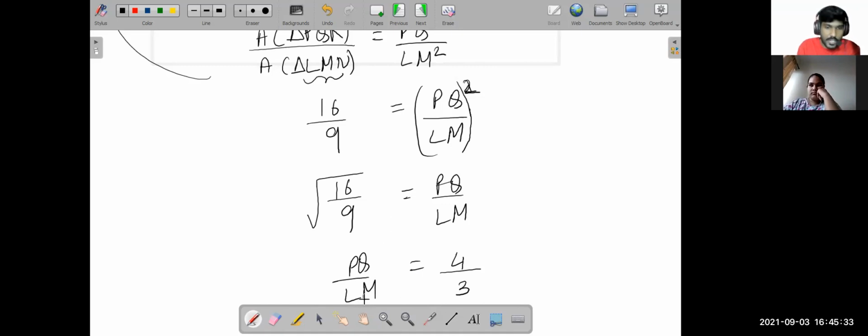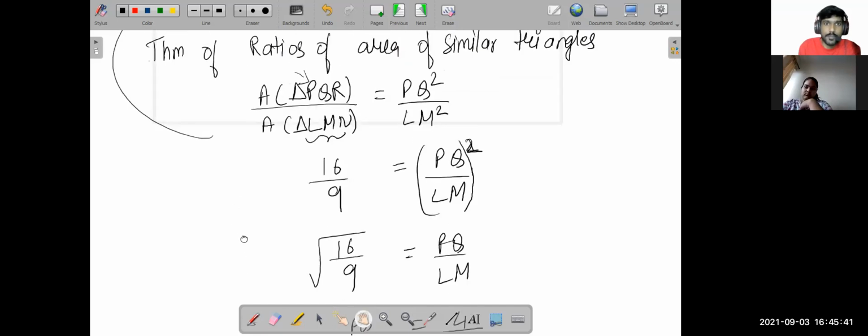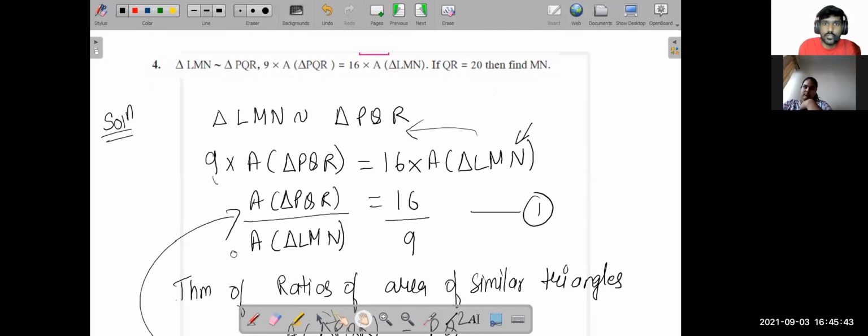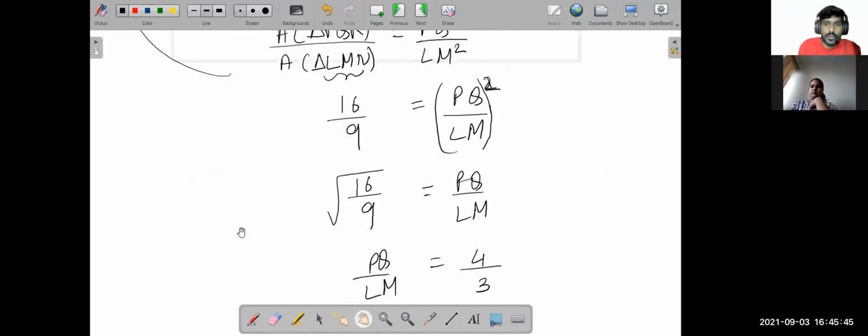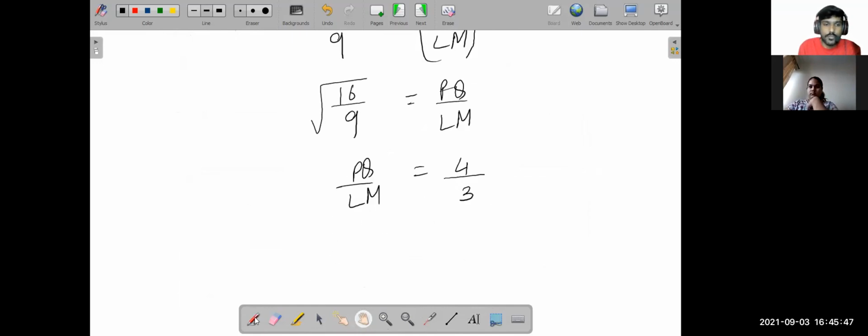Okay, one more thing asked in this question is MN. We have to find out the length of MN. If you see, that also has to be found out. So PQ upon LM, we got 4 upon 3. And one thing you know, that triangle PQR is similar to triangle LMN.